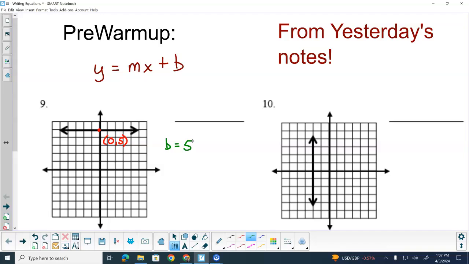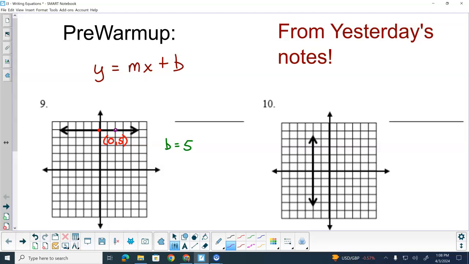Reese, if I'm looking at this point, so from yesterday again, we started at this point, right? And then we picked another point on the line, right? Would you be okay if I picked this point right there? Is that on the line? Legit? Yeah, okay.